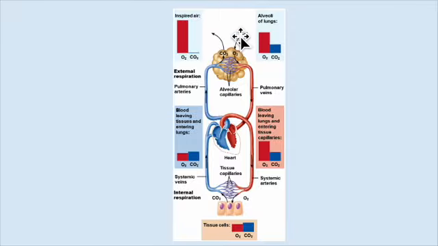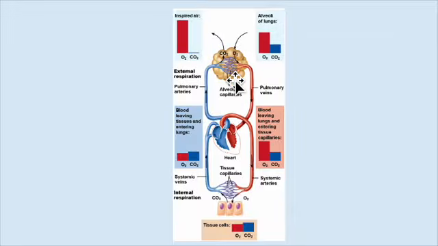Oxygenated air is brought into the lungs, deep into the alveoli. That air contains oxygen, which moves from the alveoli space into the capillaries. At the same time, carbon dioxide waste is eliminated from the bloodstream, and it moves into the lungs to be exhaled through breathing. So this is external respiration.